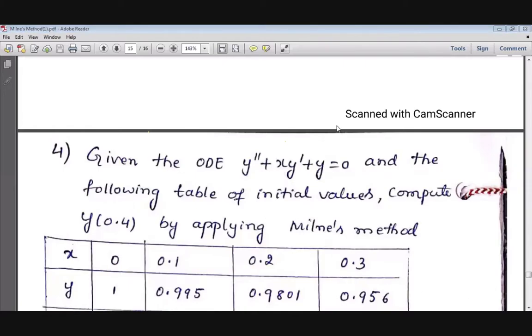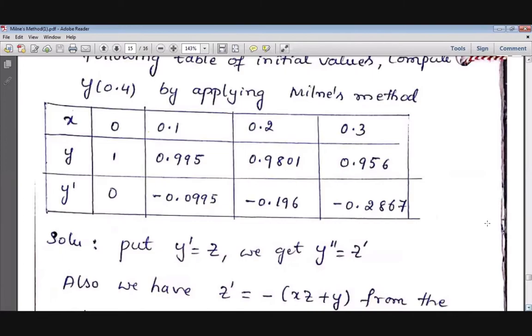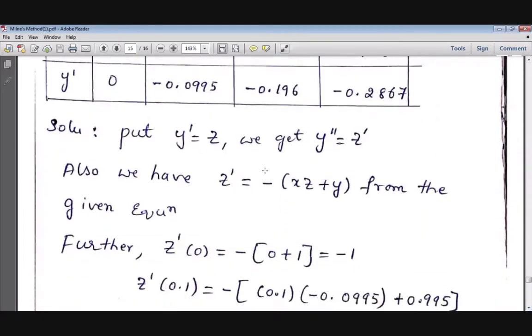Correct? Okay, next. Keep only z dash one side. Then all other things another side. So z dash equal to minus xz minus y it will be.